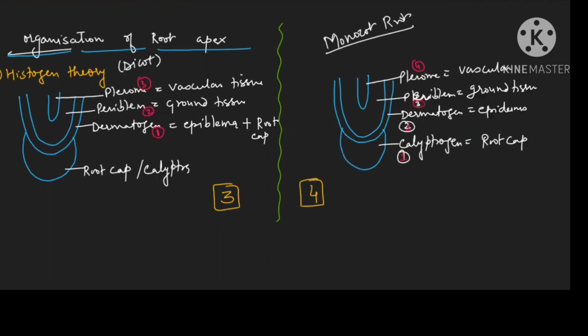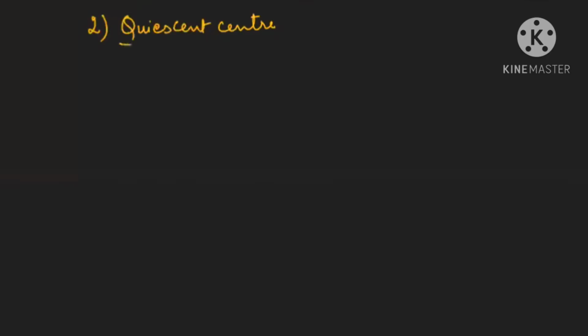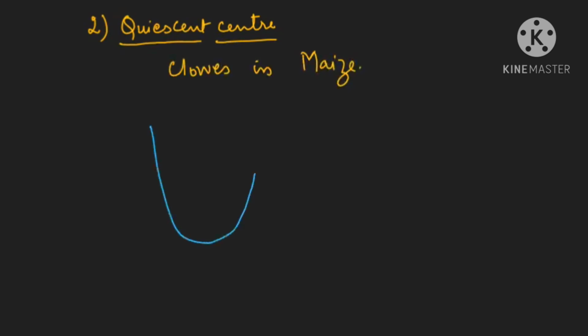Now let us see the shoot apex and root apex. One more thing: there is a quiescent center in the root apex. It was discovered by Clowes in maize. Try to understand this way. Again I'm drawing the root apex only. You have to match with your NCERT and you will find the same diagram.